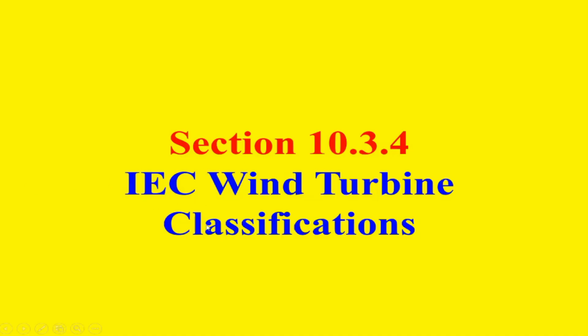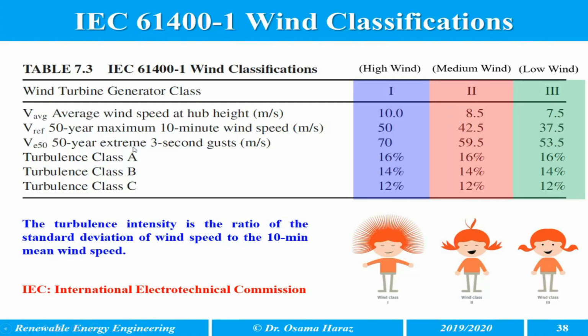In this section, we are going to present the IEC wind turbine classification. These are some practical wind turbines, and this table shows the classification of wind turbines in terms of wind: high wind class I, medium wind class II, and low wind class III.